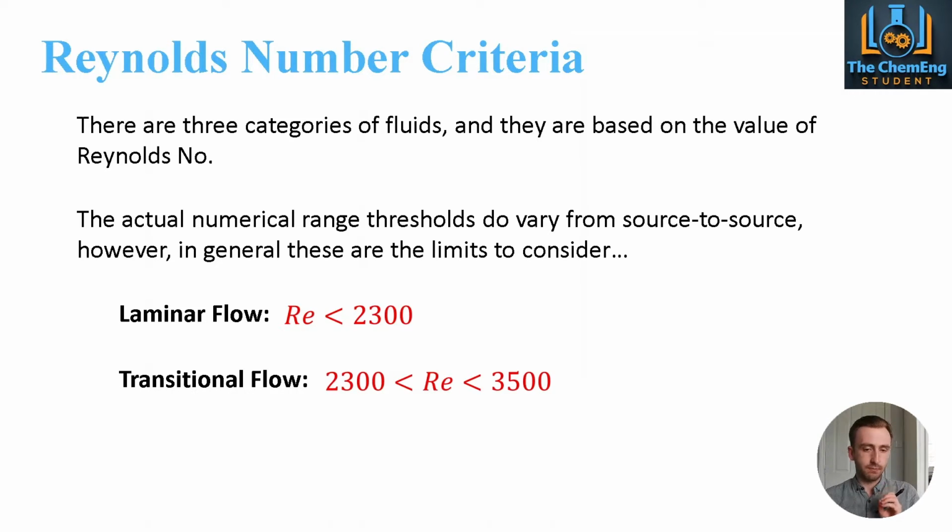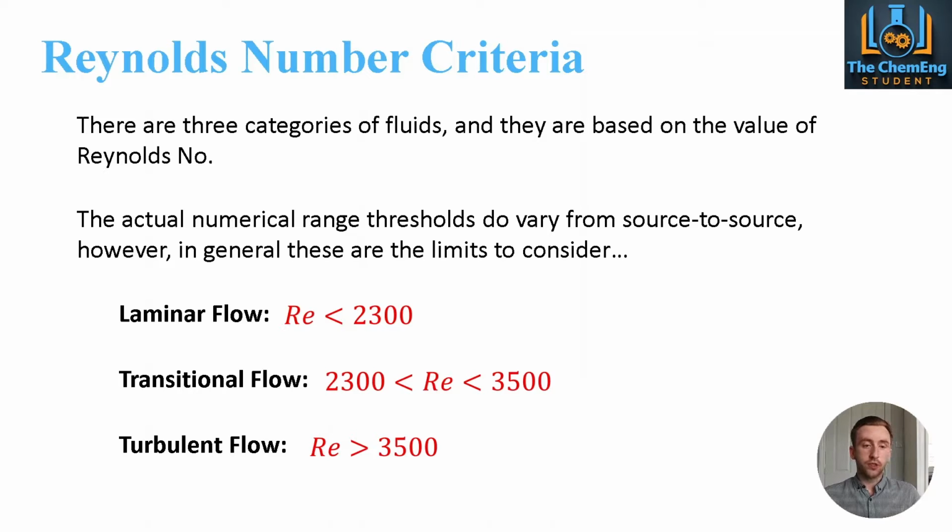There is big ambiguity here as to where this actually begins and where this actually ends. Depending on the source that you use, the transitional flow can sometimes be neglected, other times it is taken into account. But generally we're speaking between Reynolds values of 2,300 and 3,500.